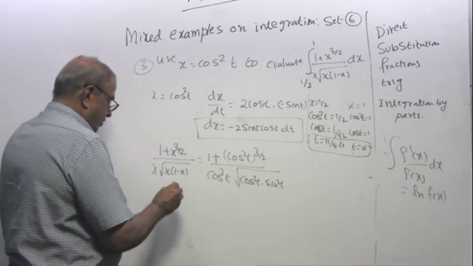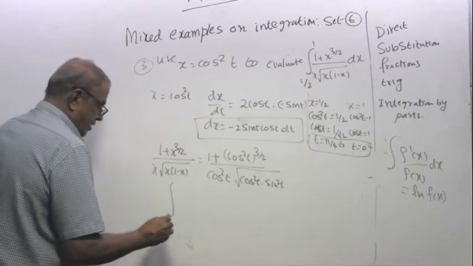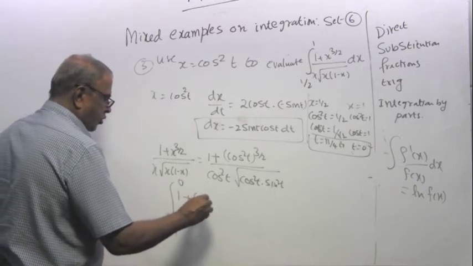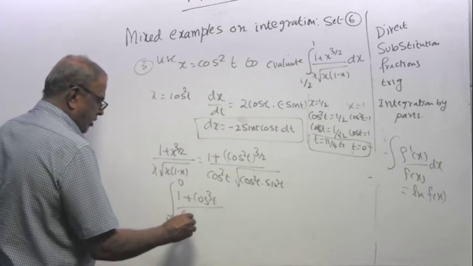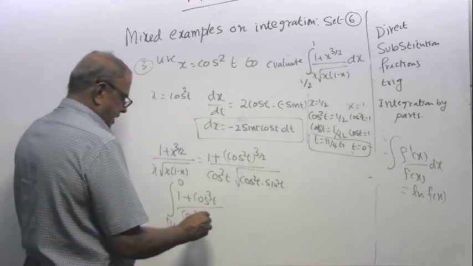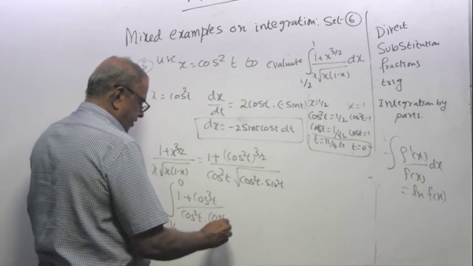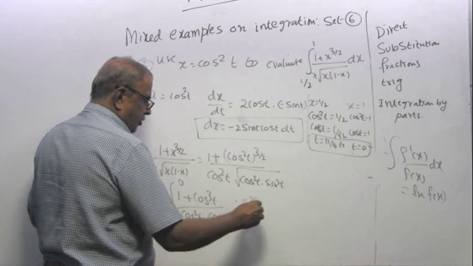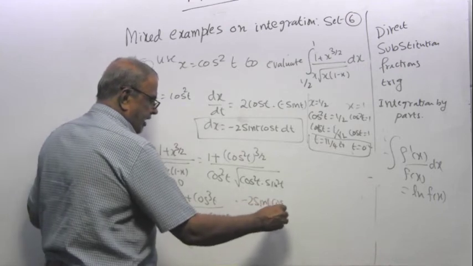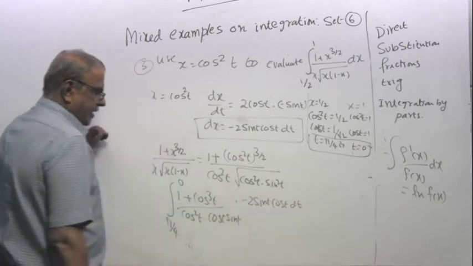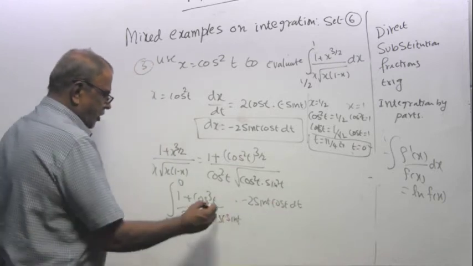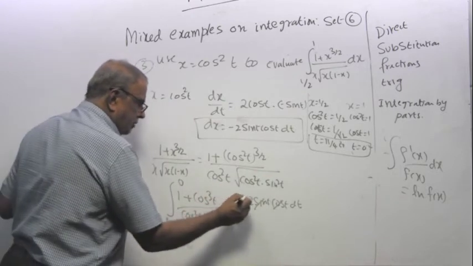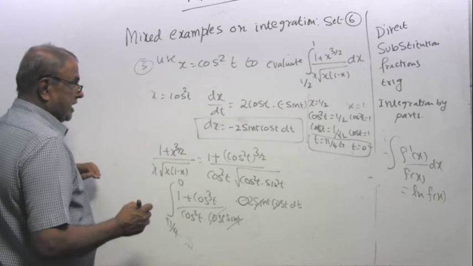Let us put all these things so it becomes integral pi over 4 to 0 of (1 plus cos cube t) divided by cos squared t times cos t sin t times dx, which is minus 2 sin t cos t dt. You see the reason why I didn't change it? Because I can cancel these two. Again, I absorb the minus sign by interchanging the limits.